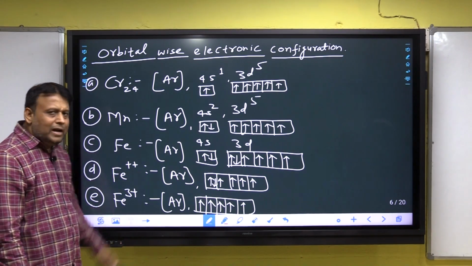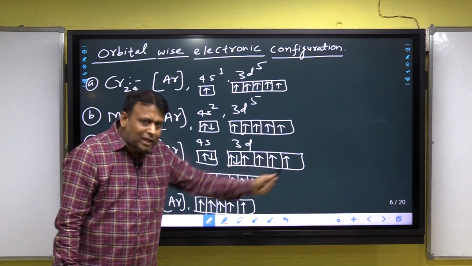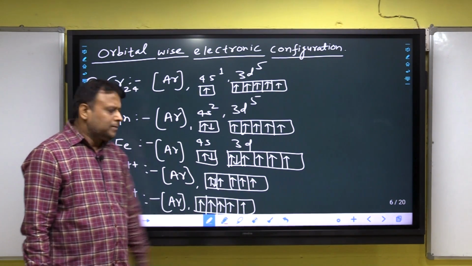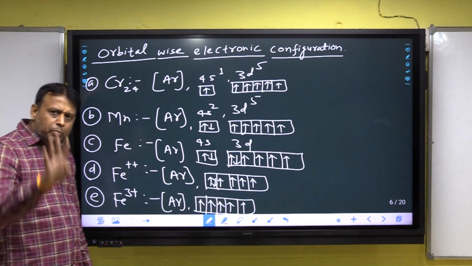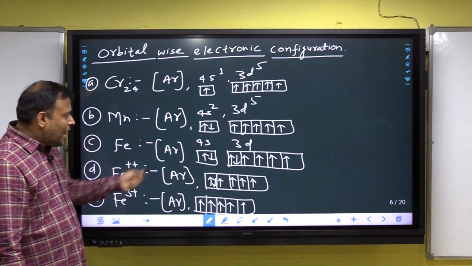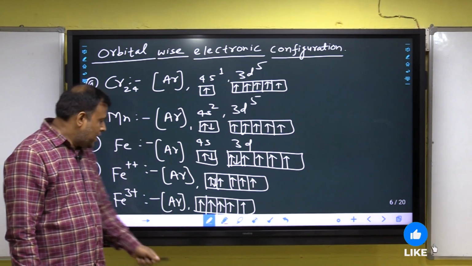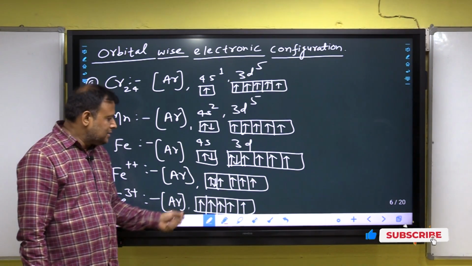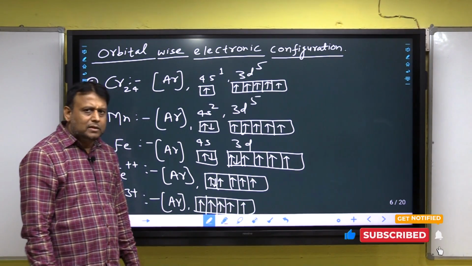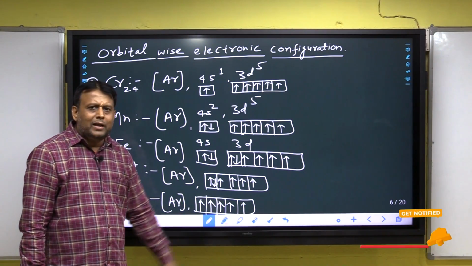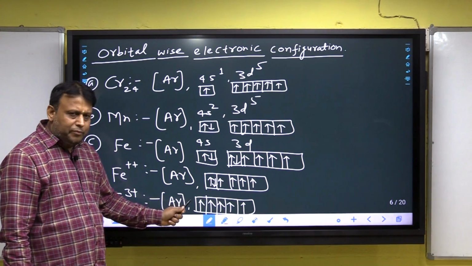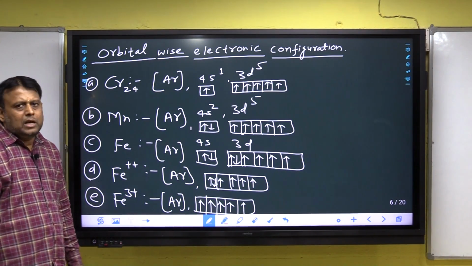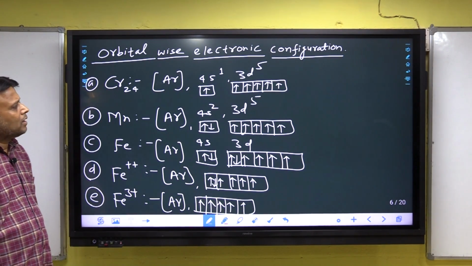In the iron atom, there are 4 unpaired electrons, because 3d has 6. In iron 2 plus, 4 unpaired, because 2 electrons are removed from 4s. And in iron 3 plus, there are 5 unpaired electrons: 1, 2, 3, 4, 5. Iron 3 plus has 5 unpaired. Clear?